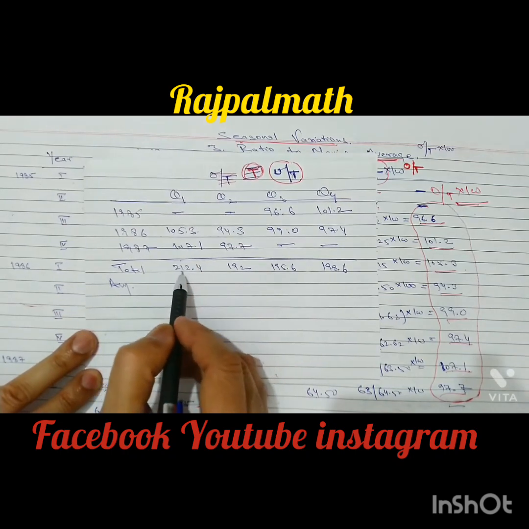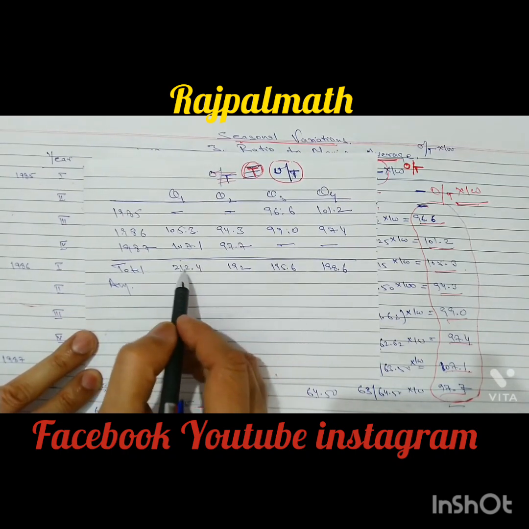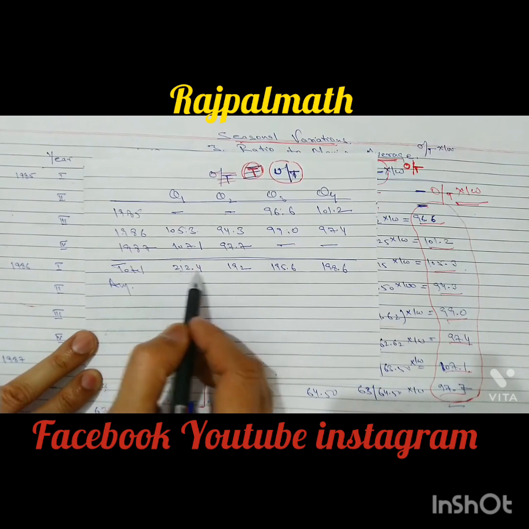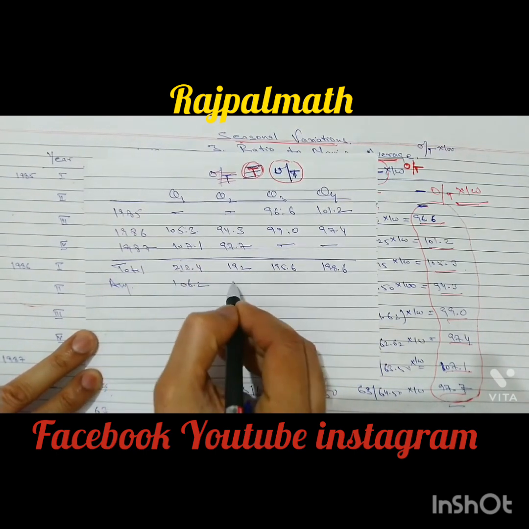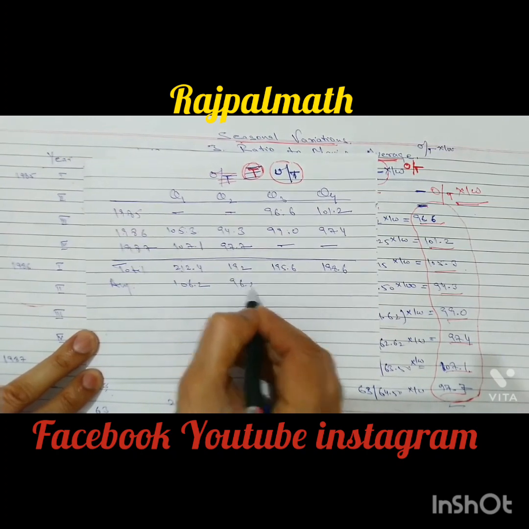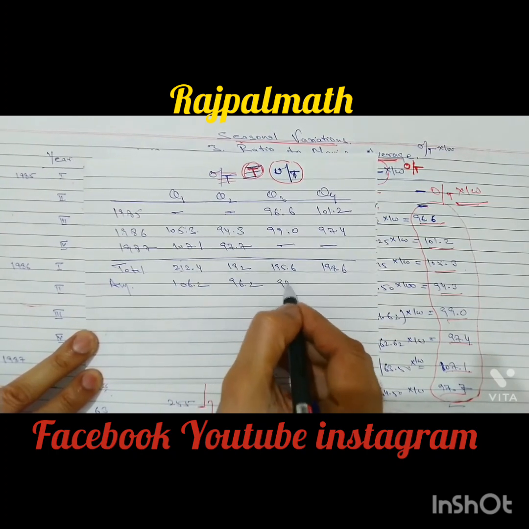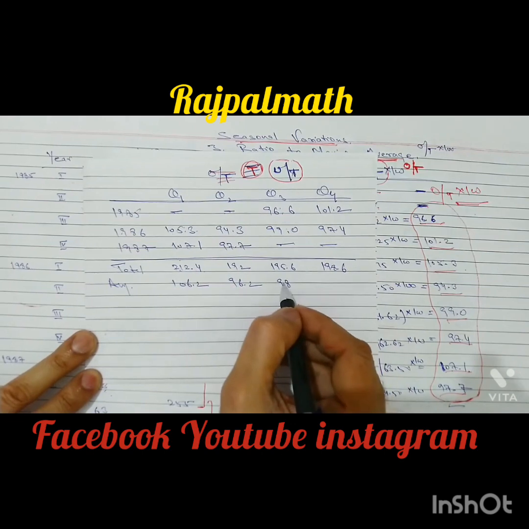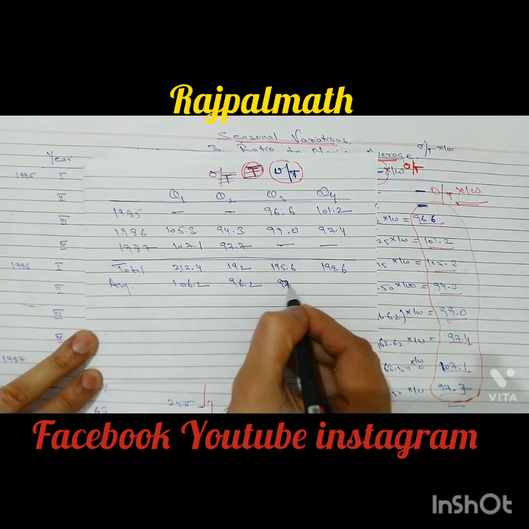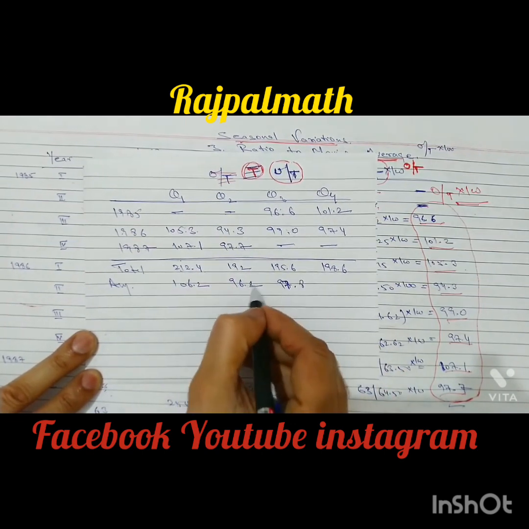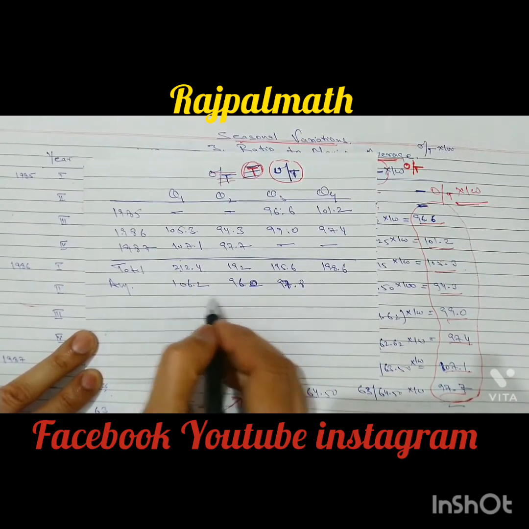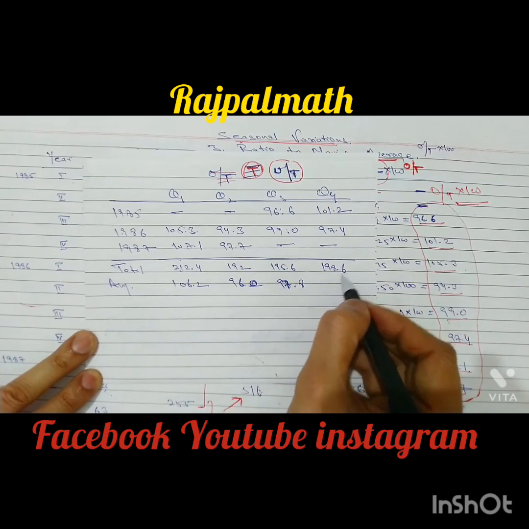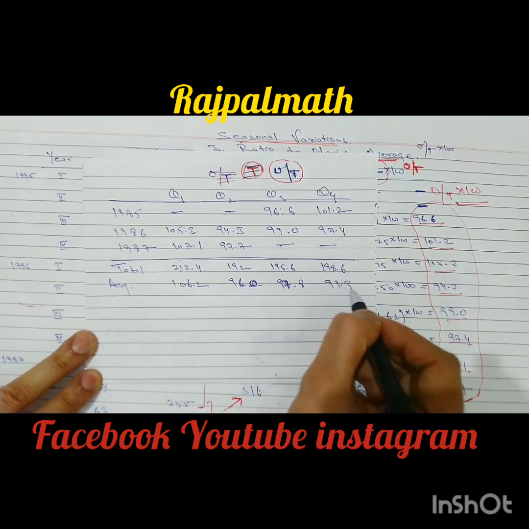The sum of two terms is 212.4, so for the average, divide this term by 2. We get 106.2. For next 96.2, divided by 2, 98. 97.8. 192 divided by 2 is 96. And 198.6 divided by 2 is 99.3.